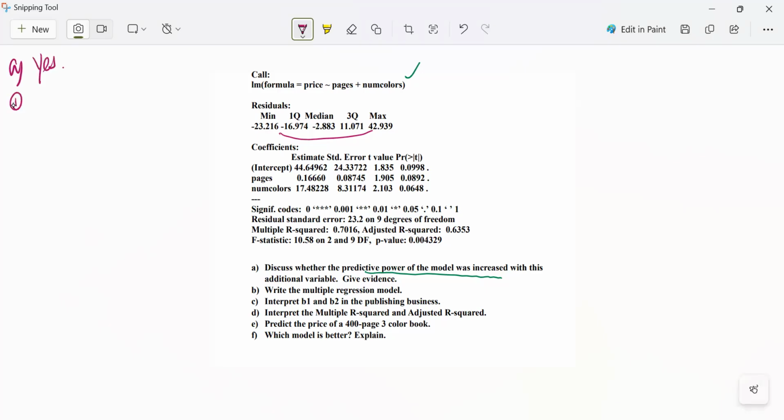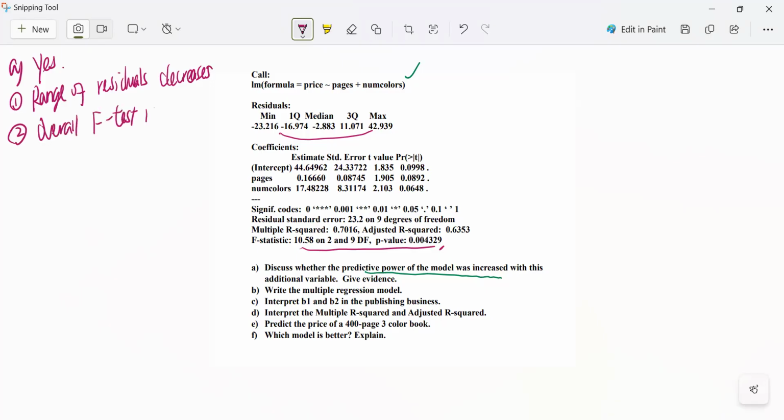Number one is the range of the residuals decreases. Secondly, the overall F-test is slightly more significant because the p-value decreased slightly.